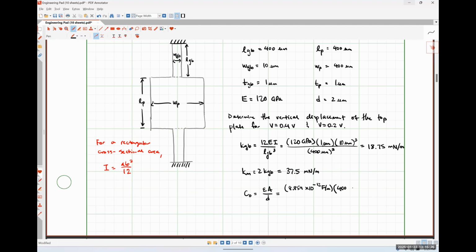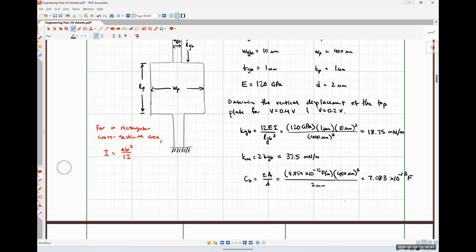Our area is 400 microns squared. Our nominal distance D is 2 microns. And assuming I got the units right, or more realistically, assuming MathCAD got the units right, this came out to be 7.083 times 10 to the negative 13 farads. So 0.7 picofarads or so.